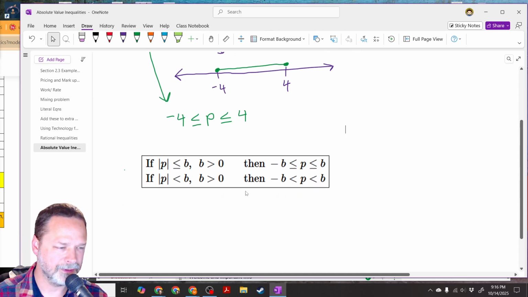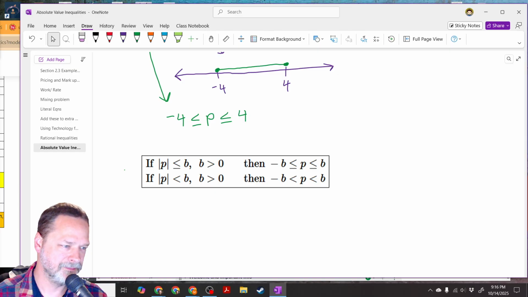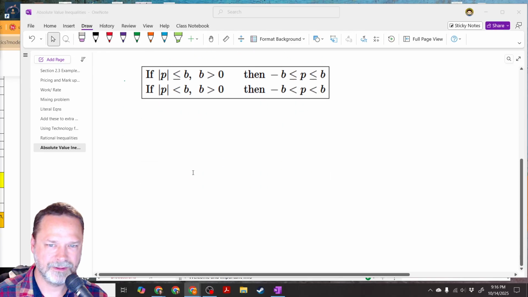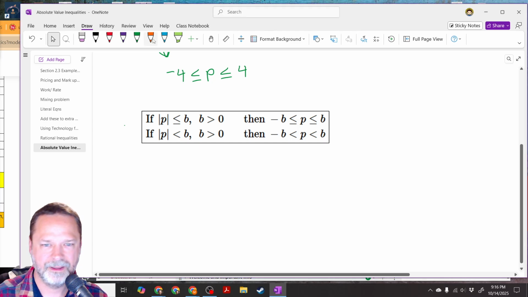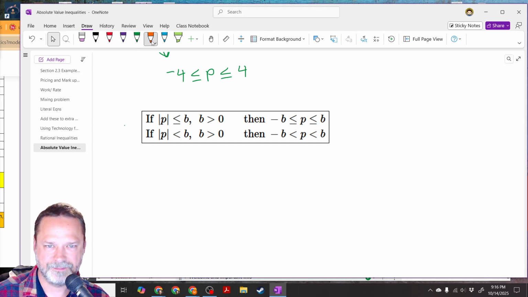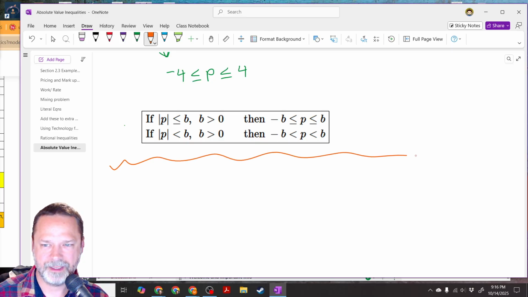We got this rule to use, and it's very easy, very straightforward, piece of cake. All right? Let's go ahead and solve one right now really quick to show this, and then we'll go over the other situation where we have an absolute value that is greater than, and see what we're going to have to do for that one.